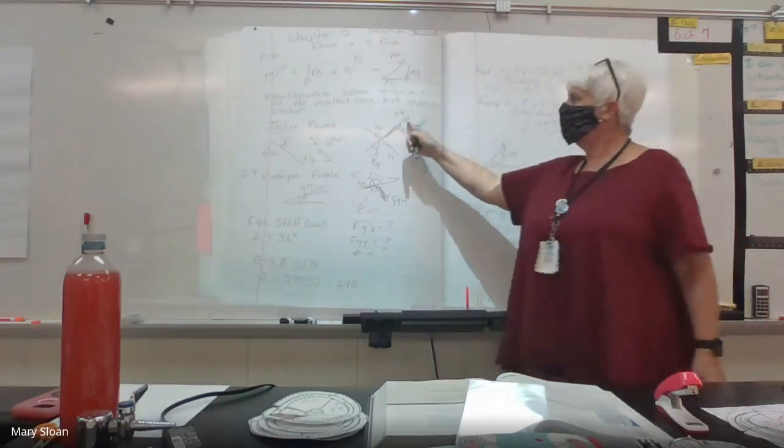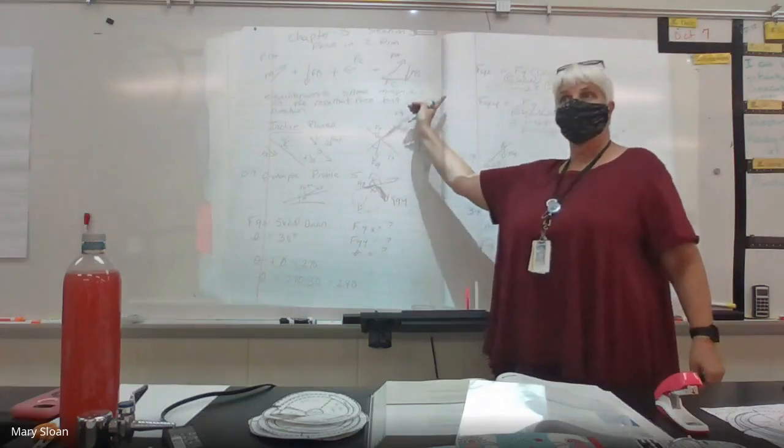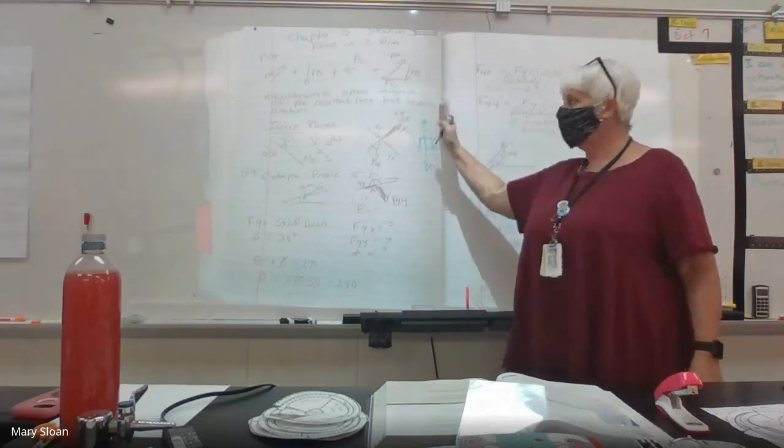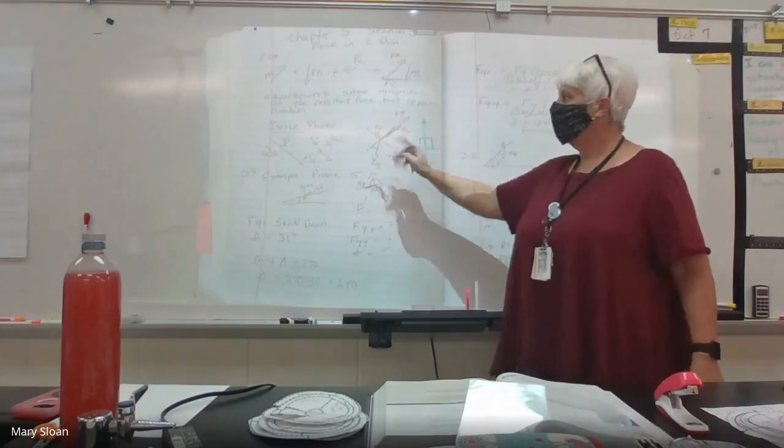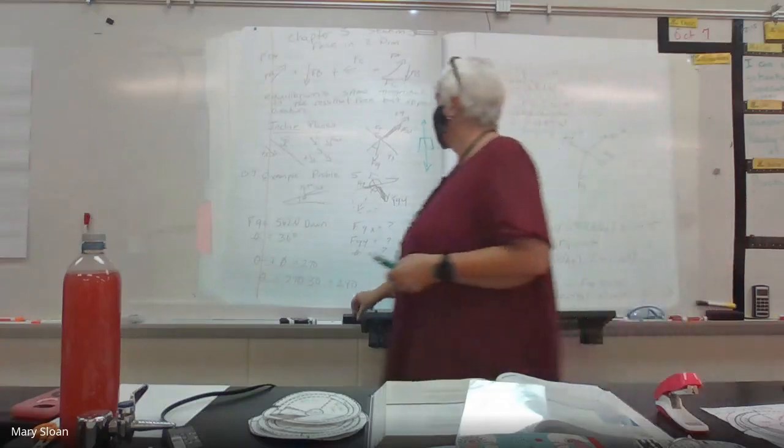Do you see this inclined plane? Where's my normal? That way. So it's not parallel to each other, is it? But it kind of is. It's just not straight up and down. So the answer to the question was that.